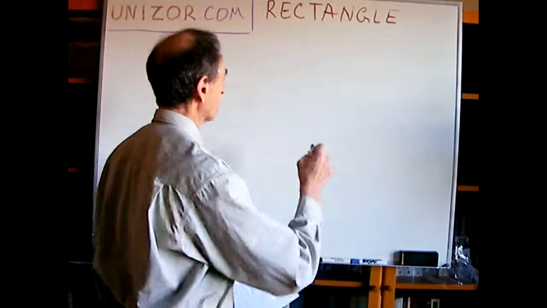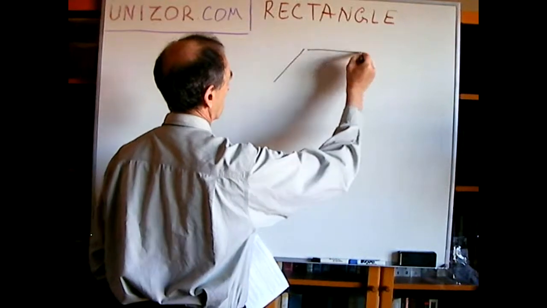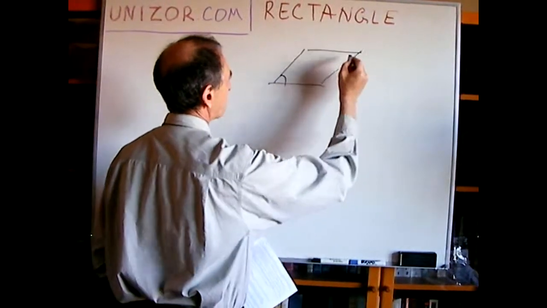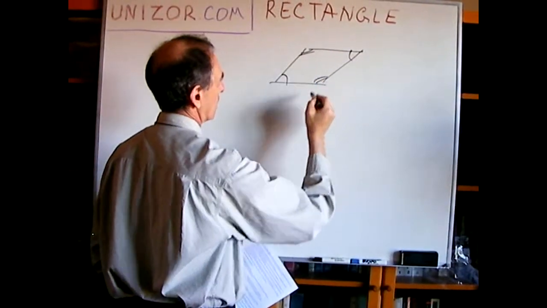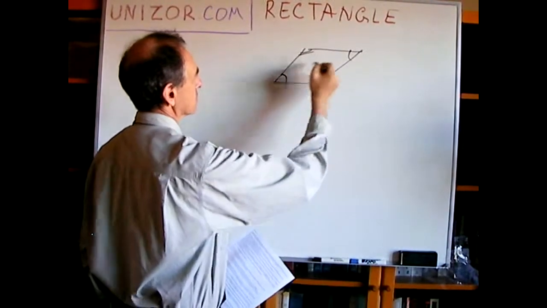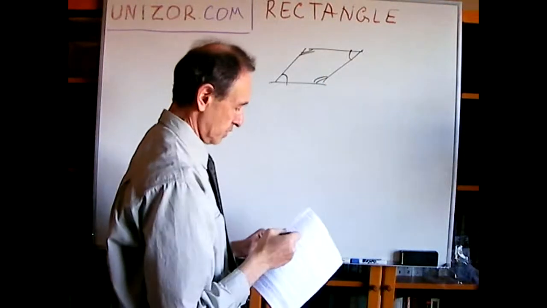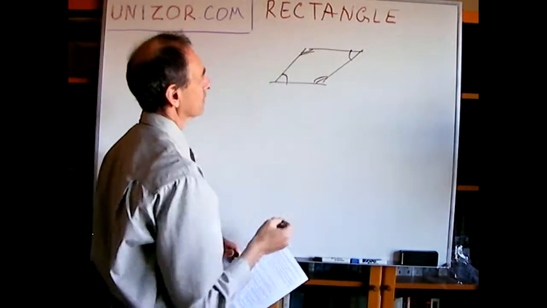Now, in the general parallelogram, we have only opposite angles congruent to each other. These are this to this and this to this, and they're different between themselves. They're actually supplemental.